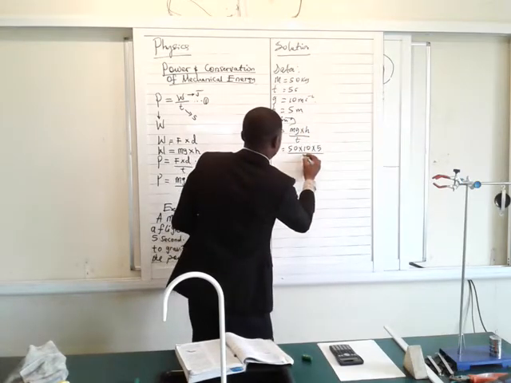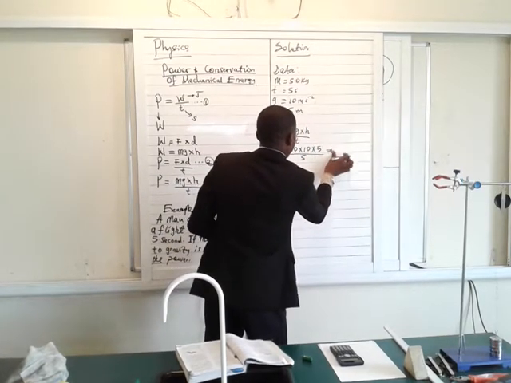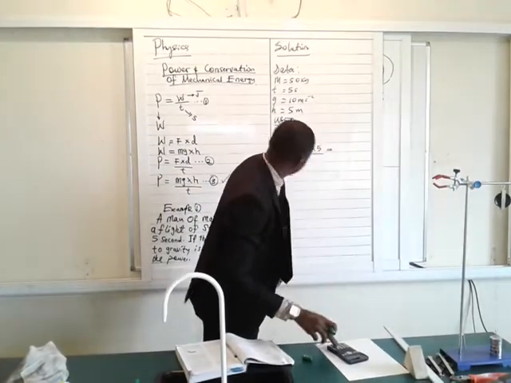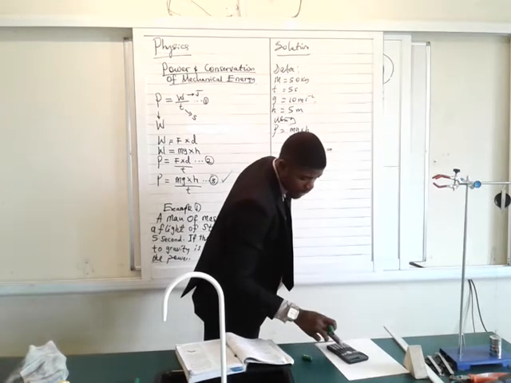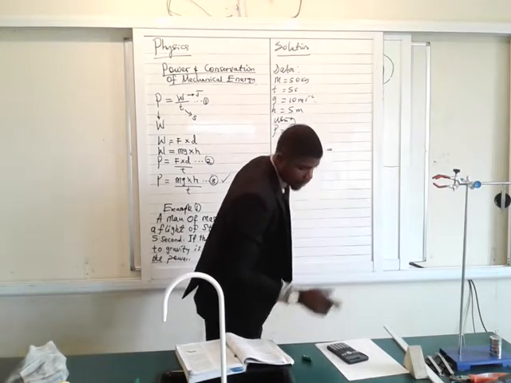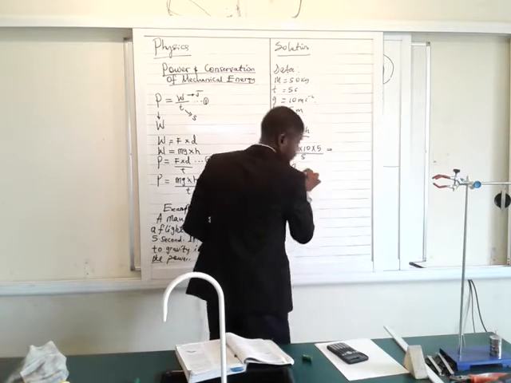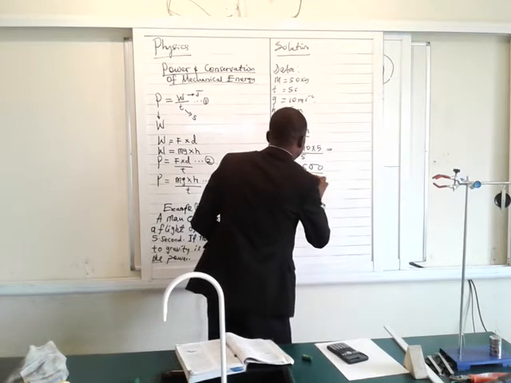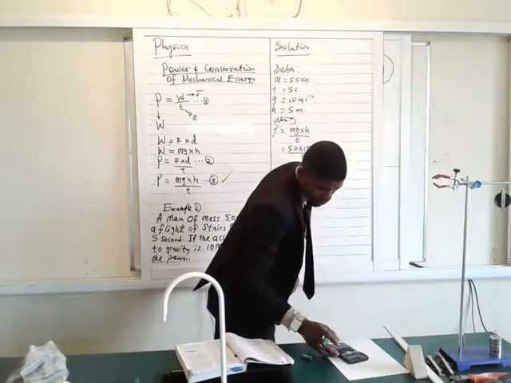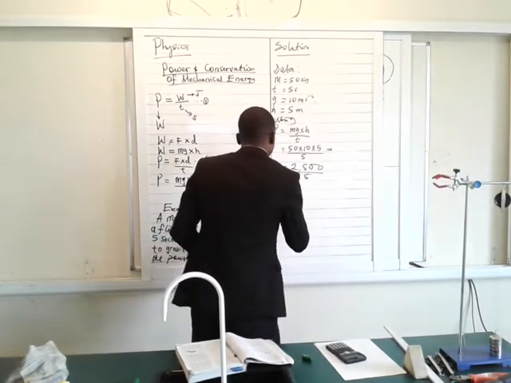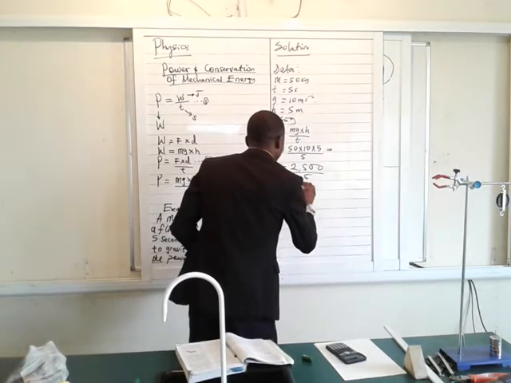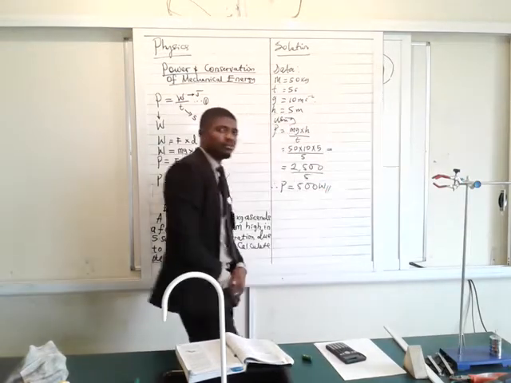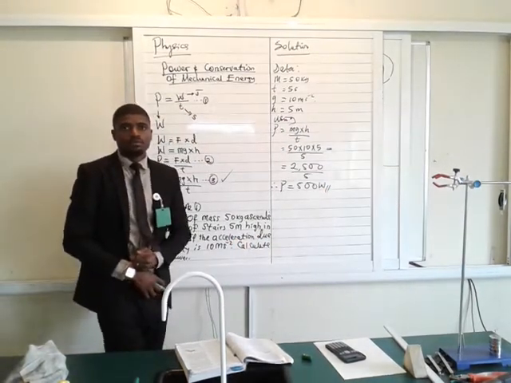All over 5. So we go 50 times 10 times 5, we have 2,500 by 5. And so we say therefore our power is equal to 500 watts. Simple. You understand?